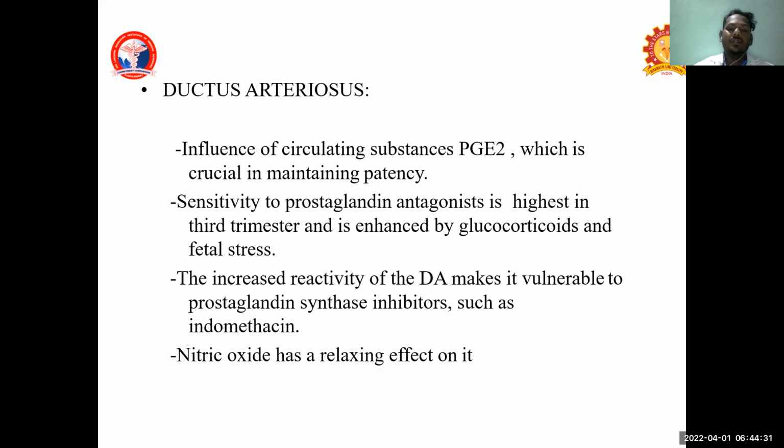Sensitivity to prostaglandin antagonists is highest in the third trimester and is enhanced by glucocorticoids and fetal stress. If we give a prostaglandin antagonist along with a steroid, it will produce closure.